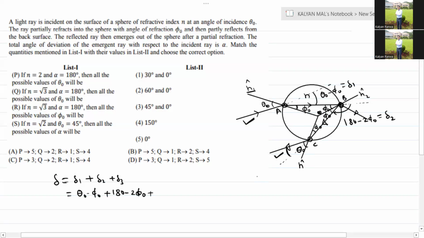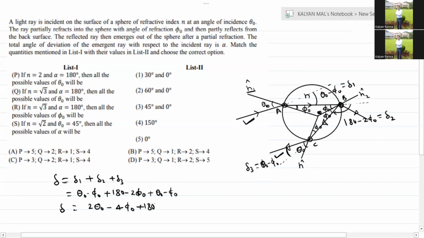All the deviations are clockwise, so we add all of them. Del 3 is theta naught minus phi naught. So the total comes out to be 2 theta naught minus 4 phi naught plus 180 degrees. This is the total angle of deviation.